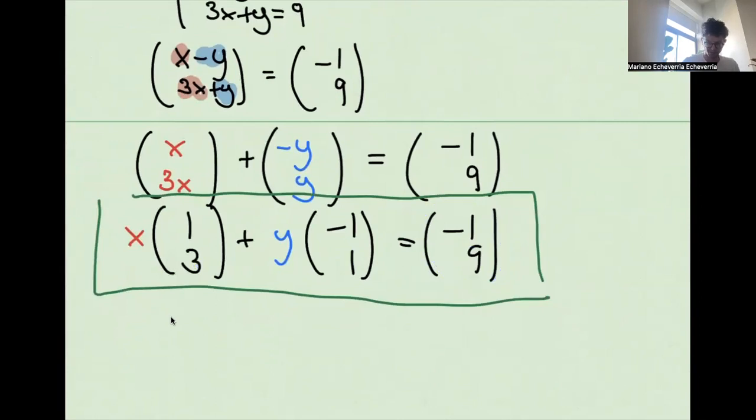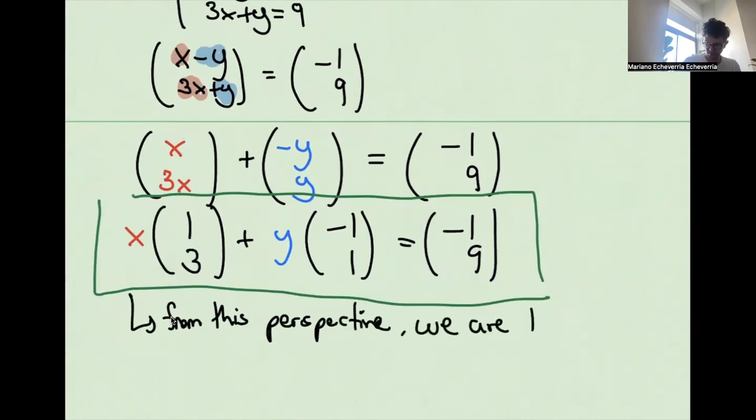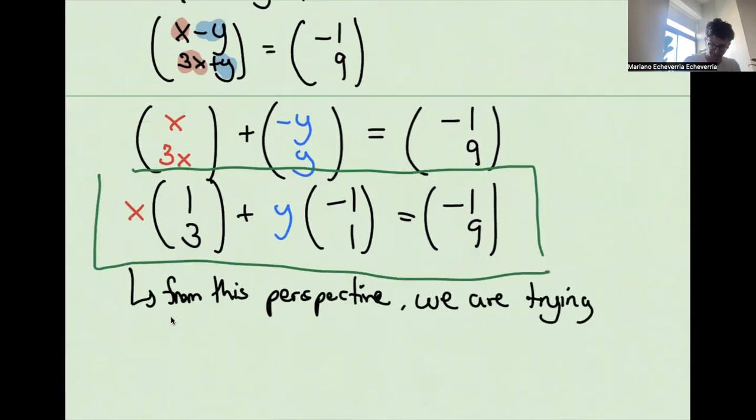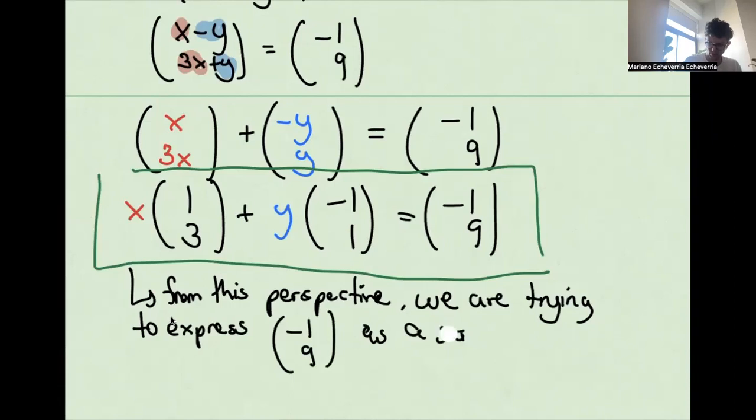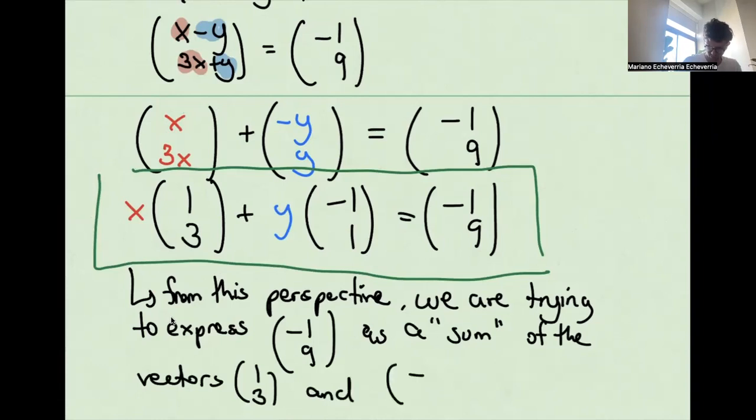So from this perspective, we're trying to express the vector -1, 9 as some sort of sum. Is that making sense?